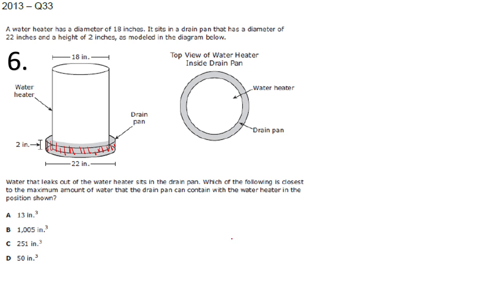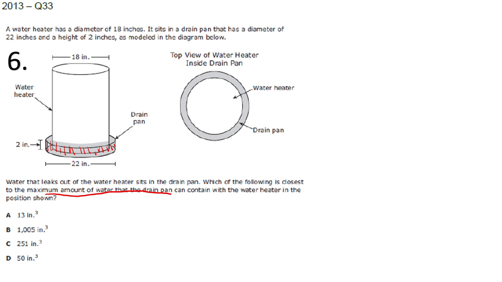Then it wants to know how much water can be in the drain pan. So, max amount of water in the drain pan. Let's just focus on what I shaded in right here, and then I'll explain the rest of the question.